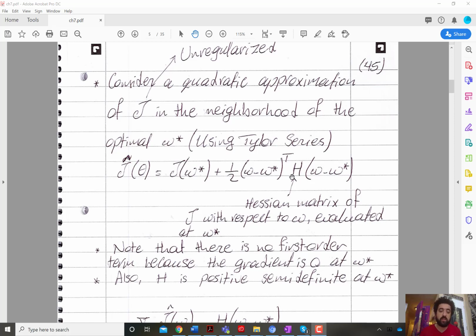So the gradient at omega star is 0, so you don't see a first order derivative term, and the second order term is half (omega minus omega star) transpose H (omega minus omega star). So it's quadratic in omega times the second order derivative information of the cost with respect to w, evaluated at omega star, meaning that you have the Hessian matrix of second order derivatives and then you evaluate it at omega star.